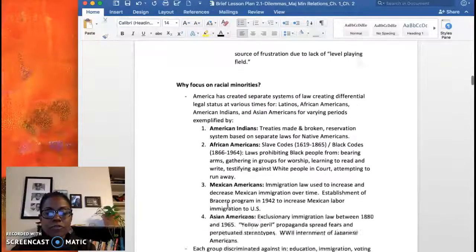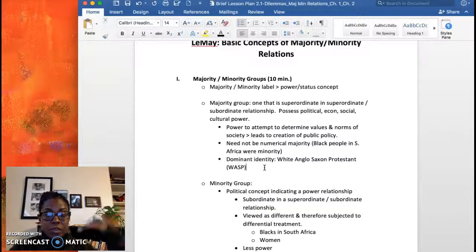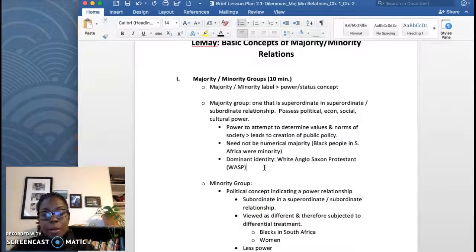Let me scroll down. Here we are. So a majority group is one that is superordinate in a superordinate/subordinate relationship. Superordinate means on top, subordinate means on the bottom. The majority group would be the one that is higher up or above the minority group if you put them in that kind of relationship.